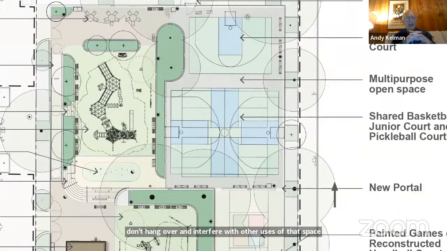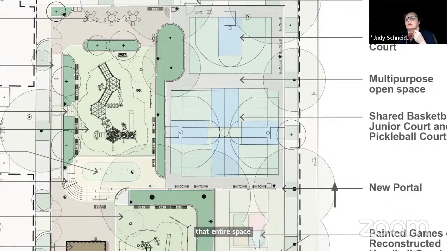And again, also redesigning it so that you can have pickleball played as well as basketball simultaneously, rather than having hypothetically one person shooting baskets, which negates anybody else from using that entire space.